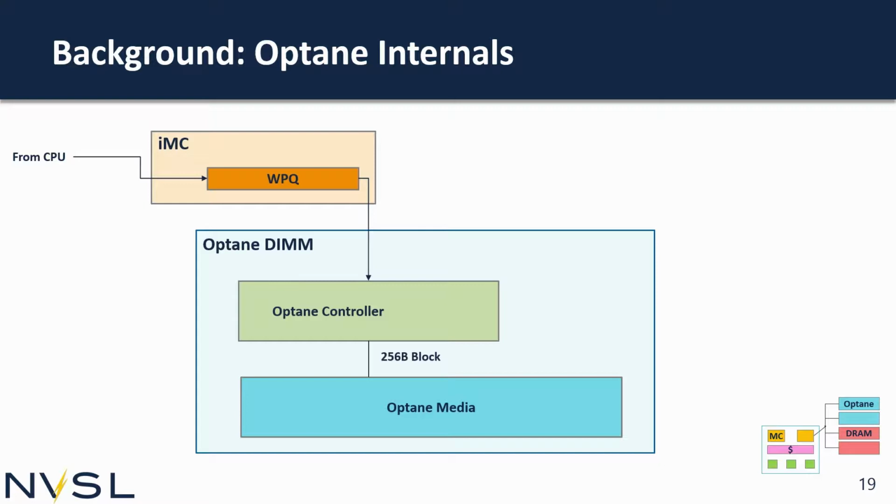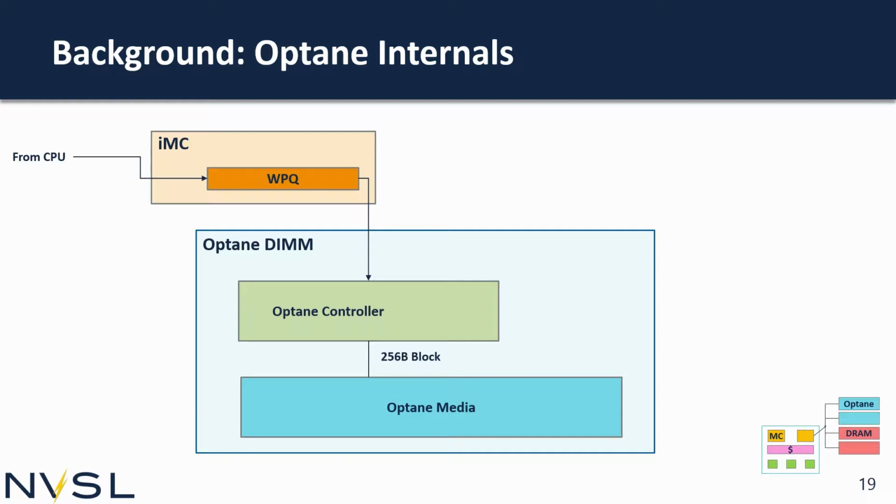Now, what's really interesting, which has been alluded to earlier in this conference, is that this communication occurs over a 256-byte block, and this is for the current generation of Optane, and apparently this might change. But right now, it's true and it's important, and we're going to talk about it periodically.